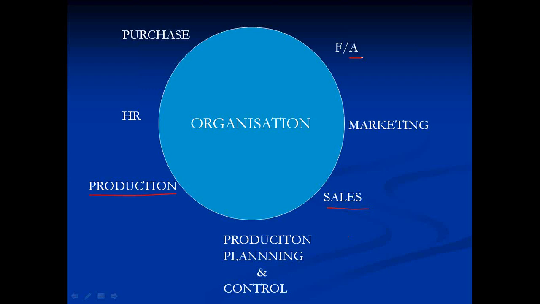Even though every department is computerized, that computerization is limited to the boundaries of those particular departments only. Means production planning and control department is using one software manufactured by some X company. Purchase is using another software manufactured by some Y company. Sales is using another software manufactured by Z company.